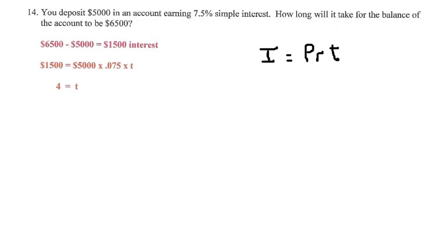To find out the interest earned on this, we have to subtract. We know that we want it to be $6,500, and we deposited $5,000. So you subtract the two, which is $1,500 in interest. So that is your interest is equal to 5,000 times 0.075 times t. You solve for t, and your answer is 4 years.